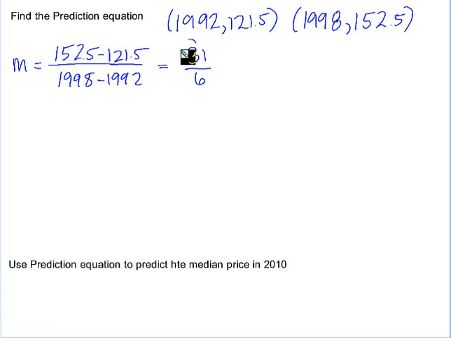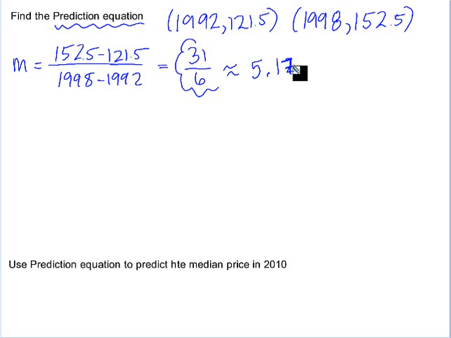Now, I know that we've kept everything as a fraction up to this point, but when we're finding prediction equations, we actually want to approximate these. So we will be writing this as a decimal. So this is approximately 5.17.